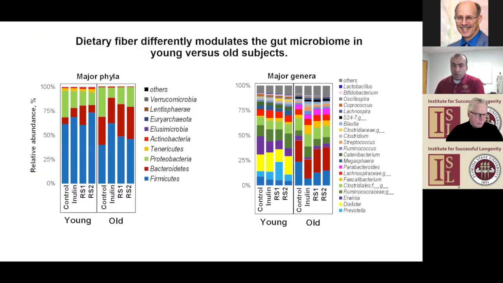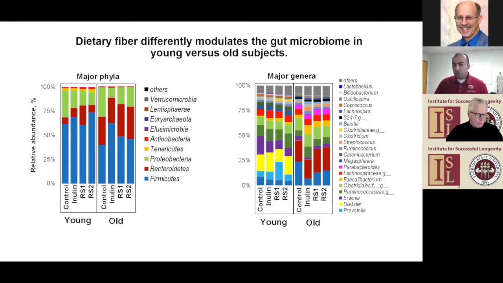In addition, we also did an in vitro microbiome analysis on these prebiotics, and we found that the effect of these prebiotics on the microbiome was very different in samples from young people versus samples from old people. So our studies clearly show that the effect of dietary fiber on the microbiome is very different between young versus old subjects.